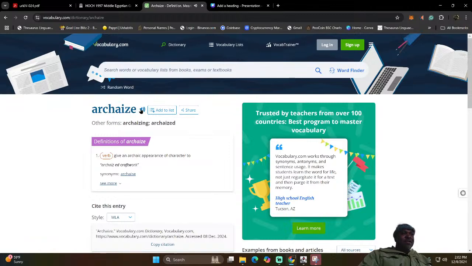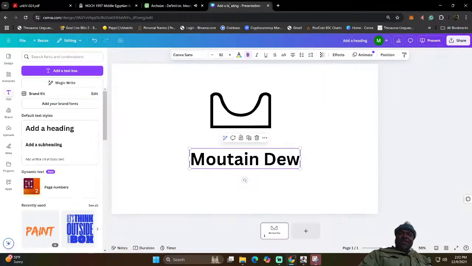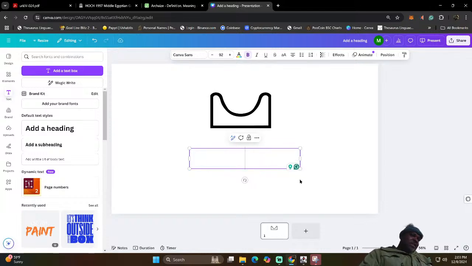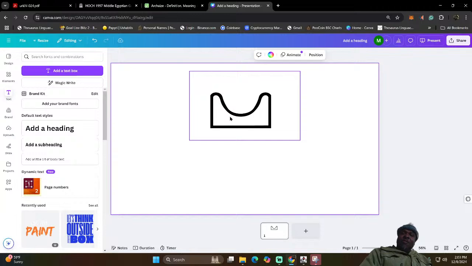Meaning that eventually this D and this J will start being interchangeable. So this mountain is called Dew, Jew. To be accurate, it's called Jew, but you can remember it by Mountain Dew. So if you see this glyph, when we start reading the glyphs, you're going to remember that it's a mountain. And what do you pronounce? Jew.